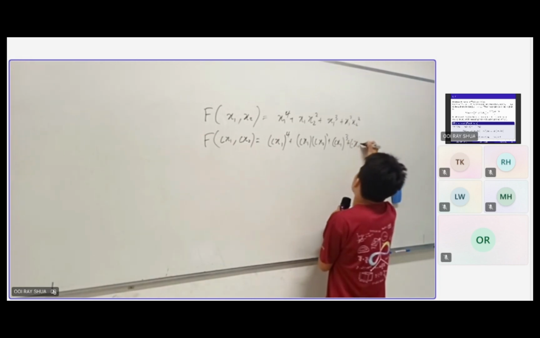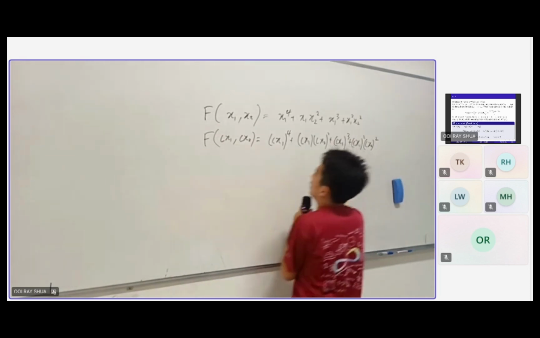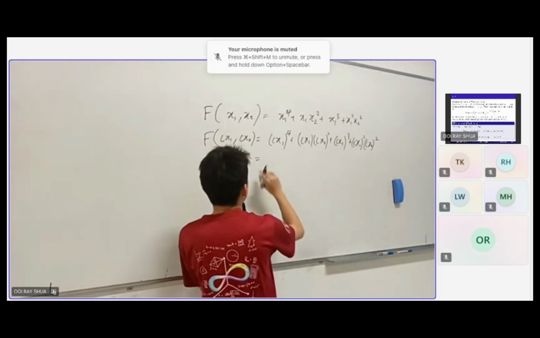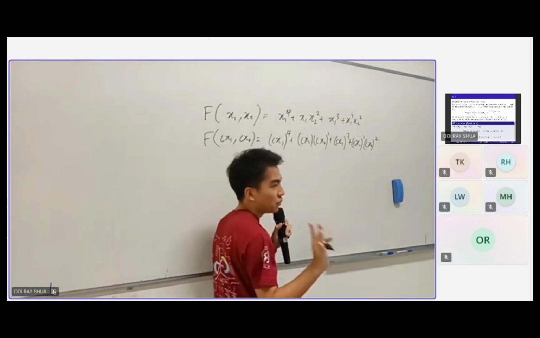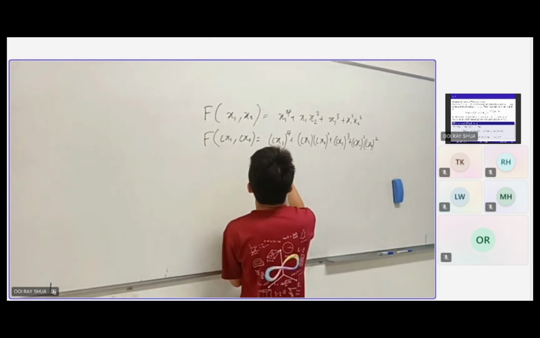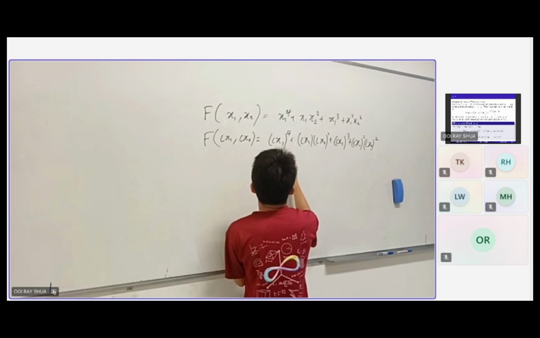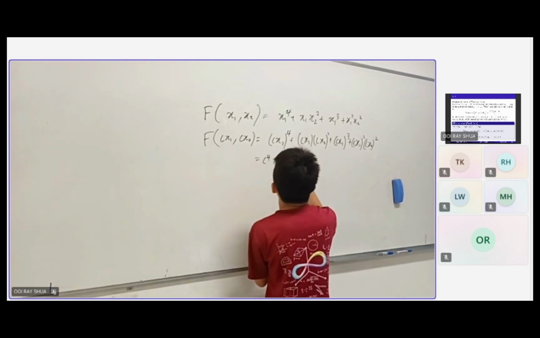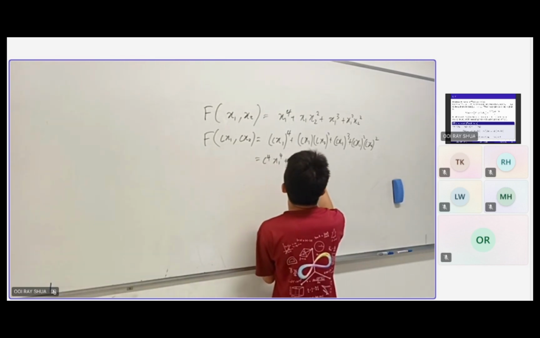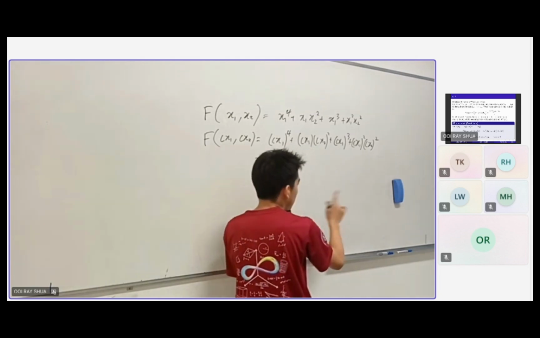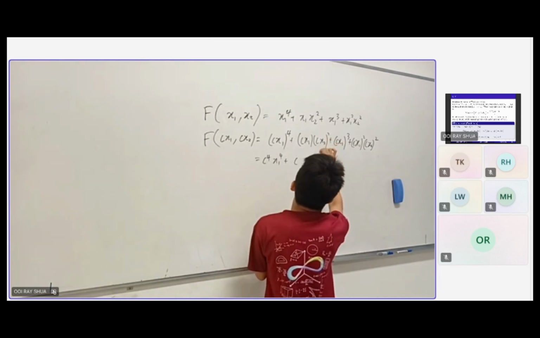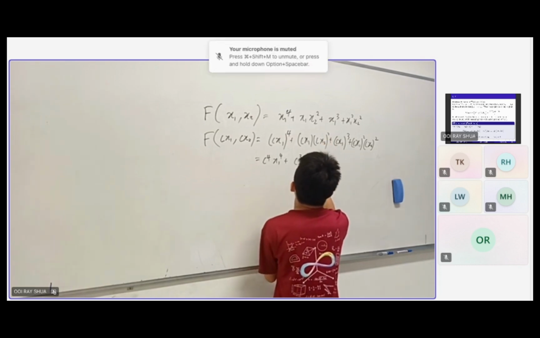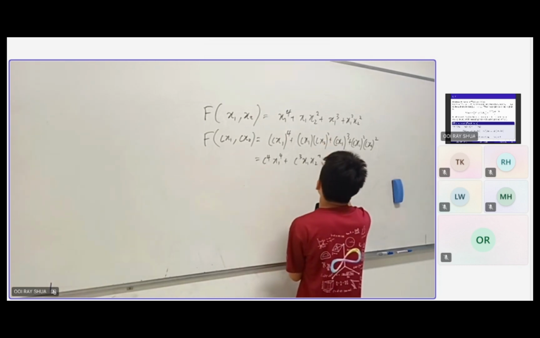It's not homogeneous, so we get c to the fourth times x1 to the fourth, and in fact the terms don't have to be homogeneous yet. Then c cube times x1 x2 squared, and so on.